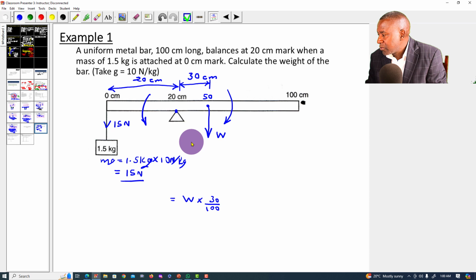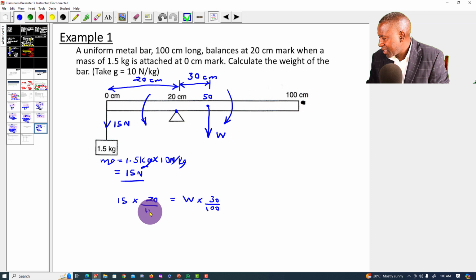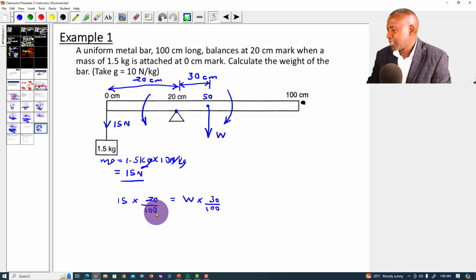So the clockwise moment is due to W times this distance here, which is 30 centimeters. The anti-clockwise moment is due to the 15 Newton force times how far it is from there, which is 20 centimeters. Again, divide by 100 to convert it into meters.